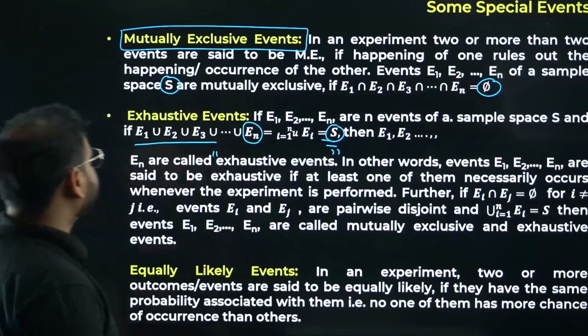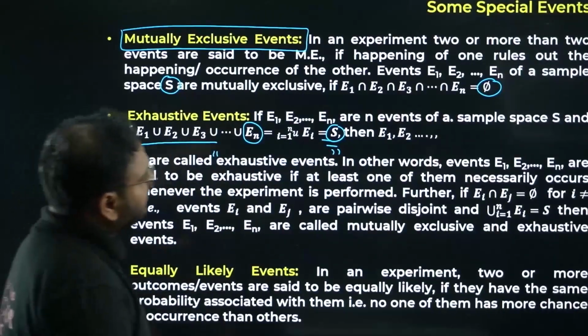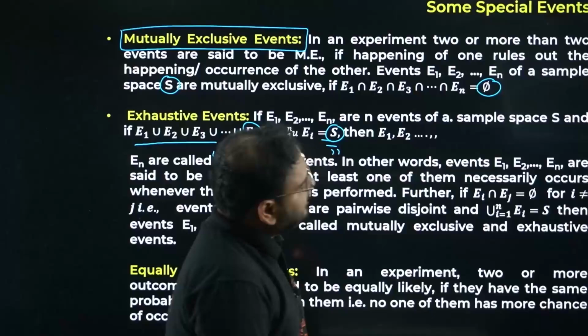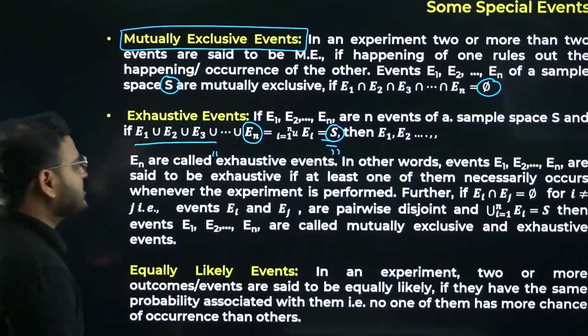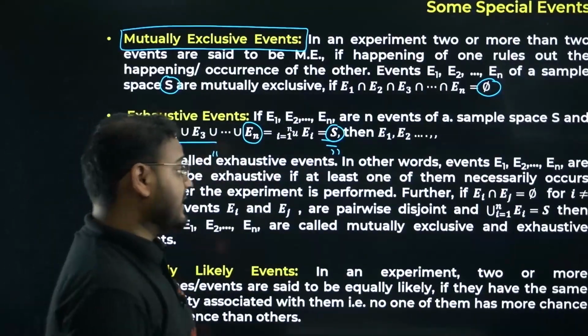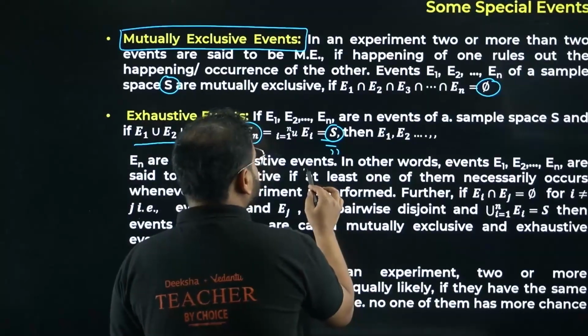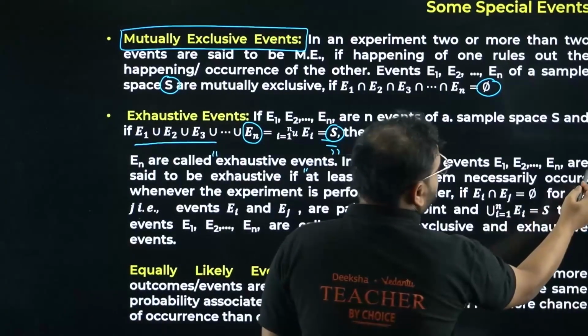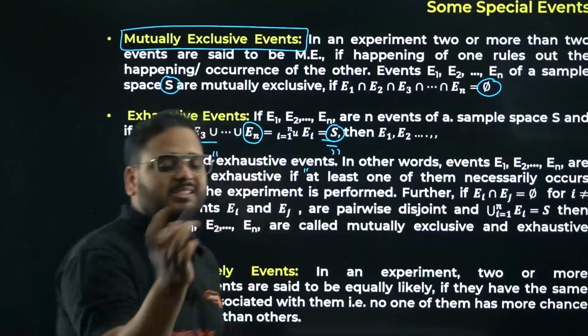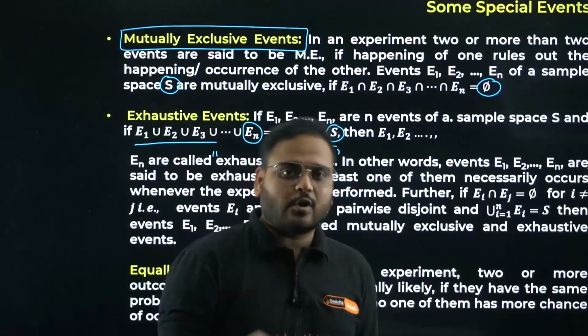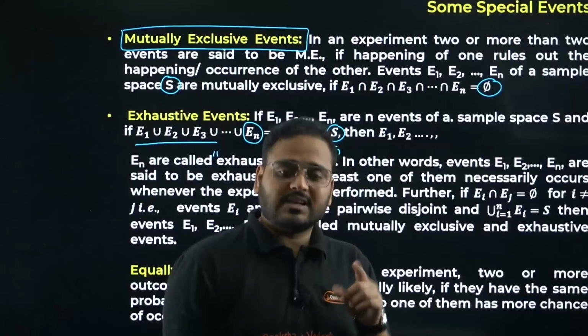Now what else do we have? Anything important? In other words, events E1, E2, ..., En are said to be exhaustive if at least one of them necessarily occurs. Yes, this is very important. Let's say I take tail and head. If I toss a coin, will tail or head not come? At least one of them will come.